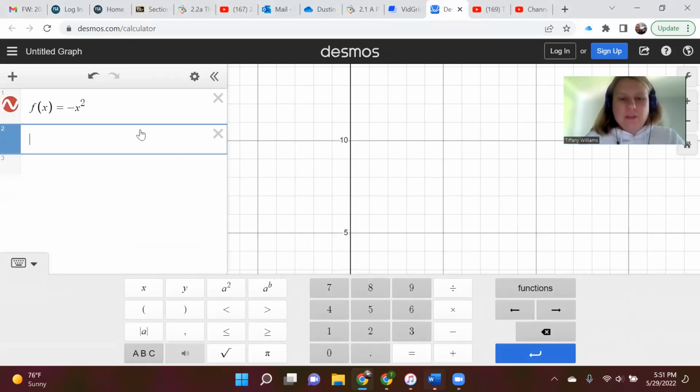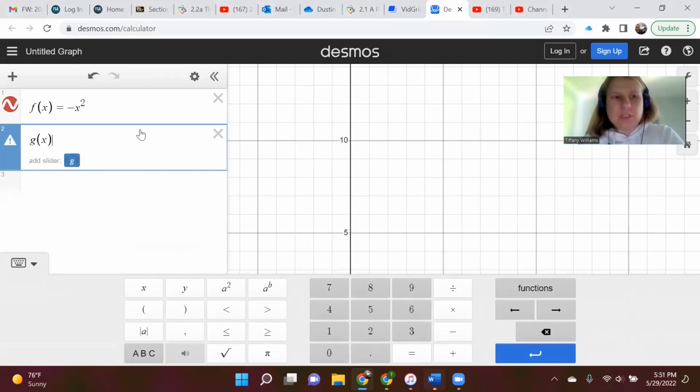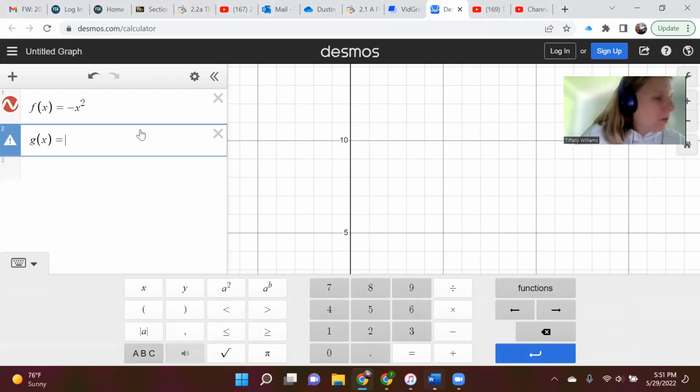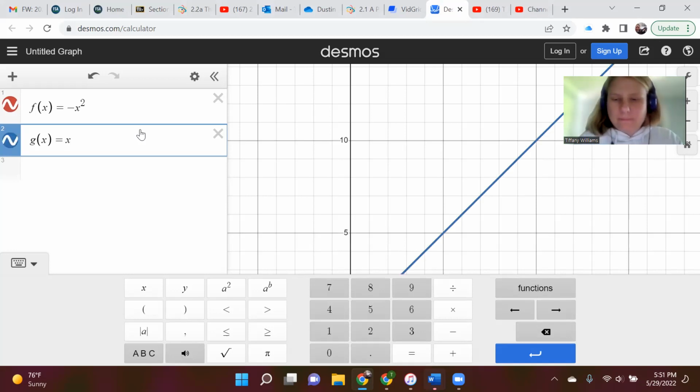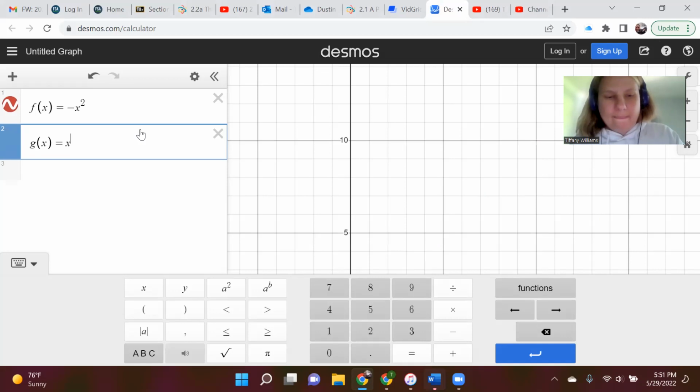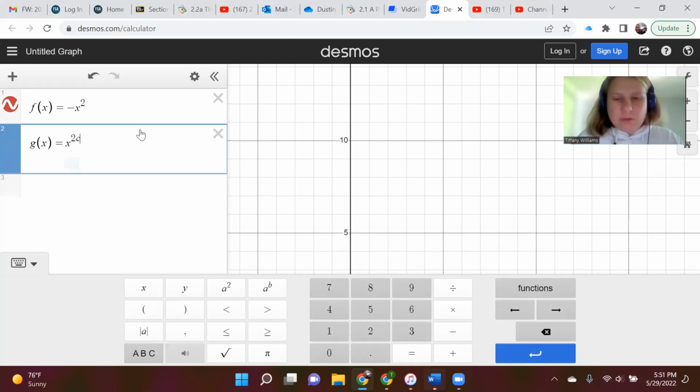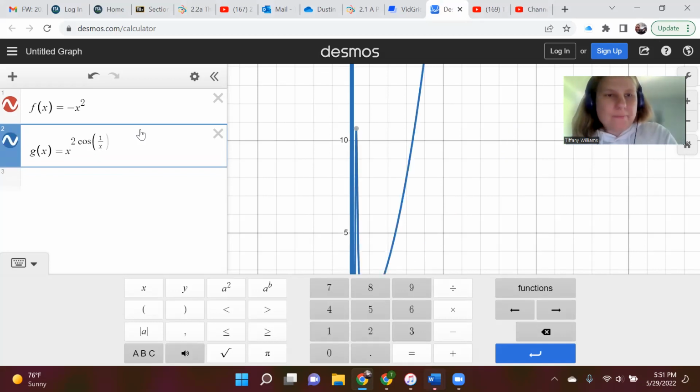We're going to let g of x, and I'll change colors here in just a second, equal, what was g of x? Oh, I've lost it. Oh, theta squared cosine of 1 divided by theta, in my case x, because I don't want to try to find a theta.